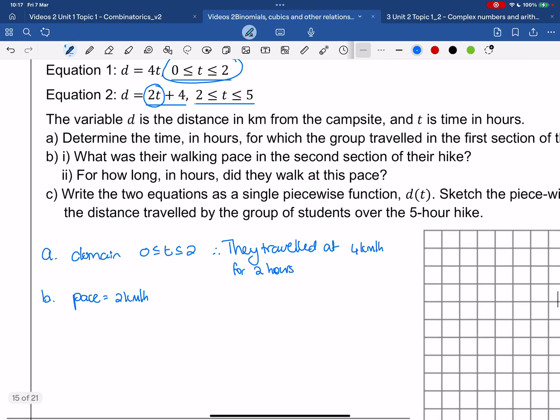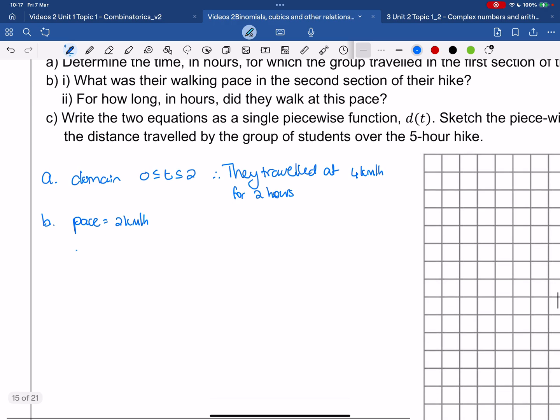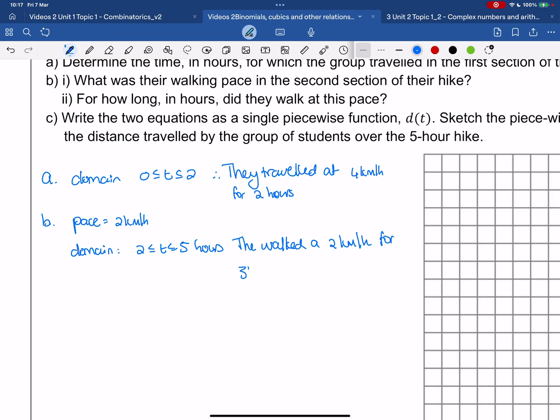Well, that says from 2 to 5. So there our domain is going to be 2 to 5 hours. So they walked at 2 kilometers per hour for 3 hours.